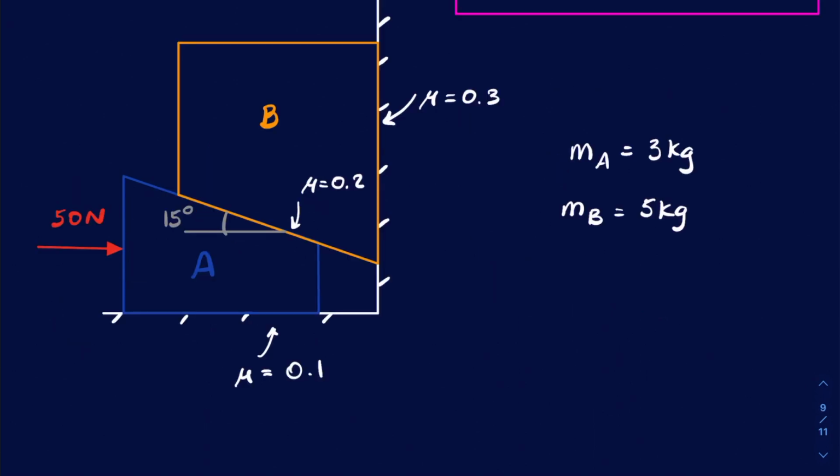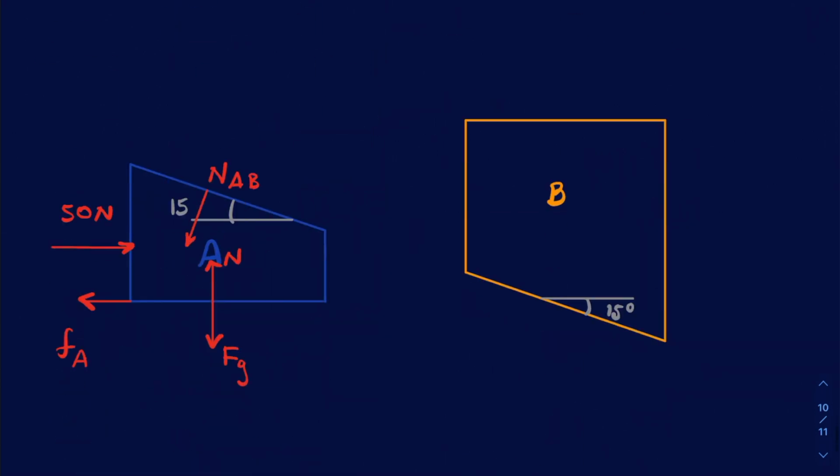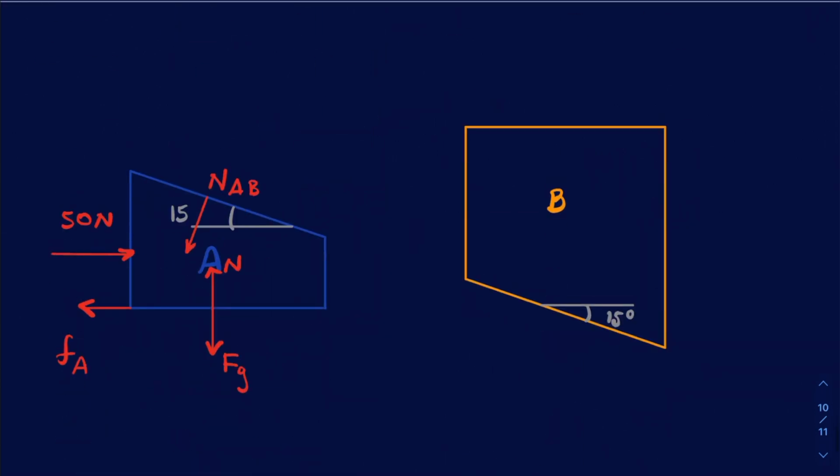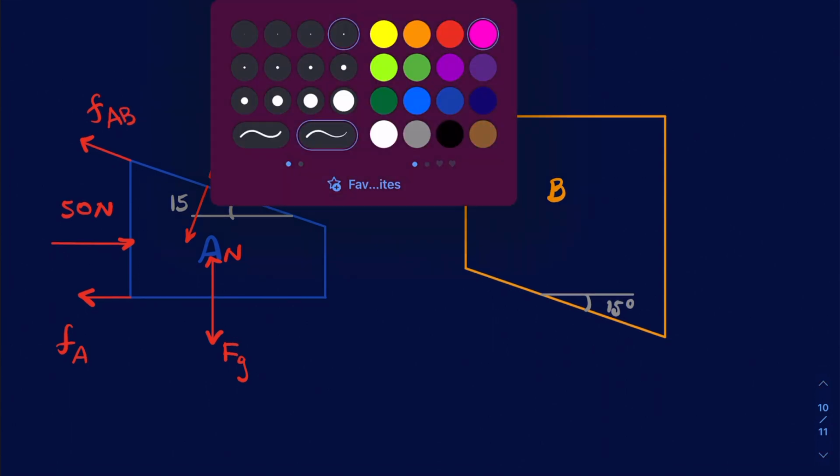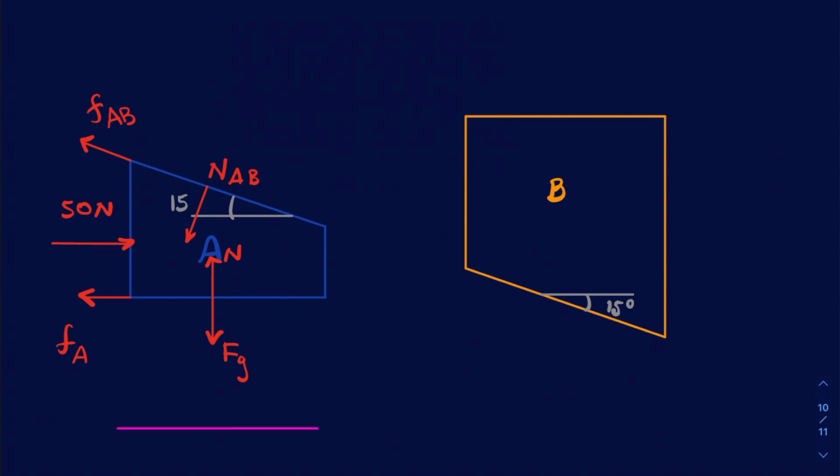So since block A is moving along block B in this direction, there's going to be a force of friction acting in the opposite direction. Now this force of friction, remember, is going to be along the surface of A and B. So we'll call this the friction of A and B.